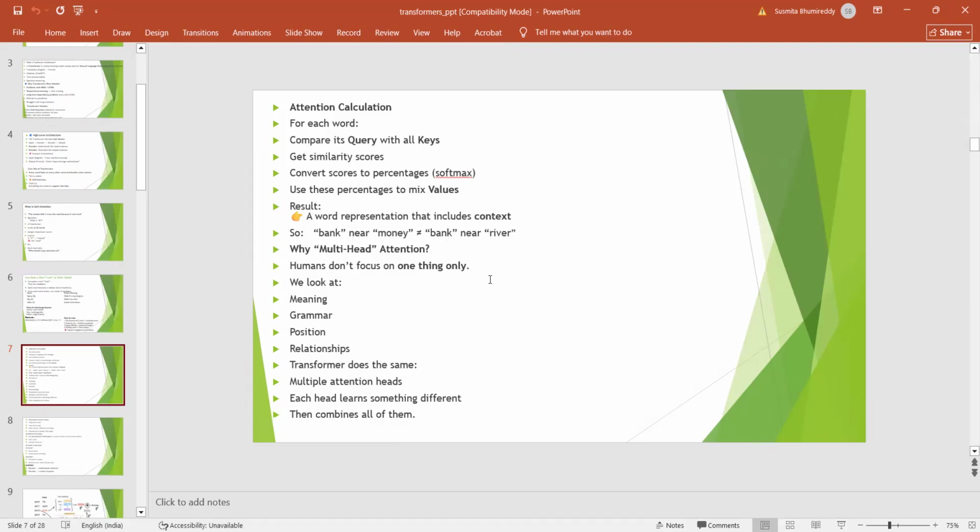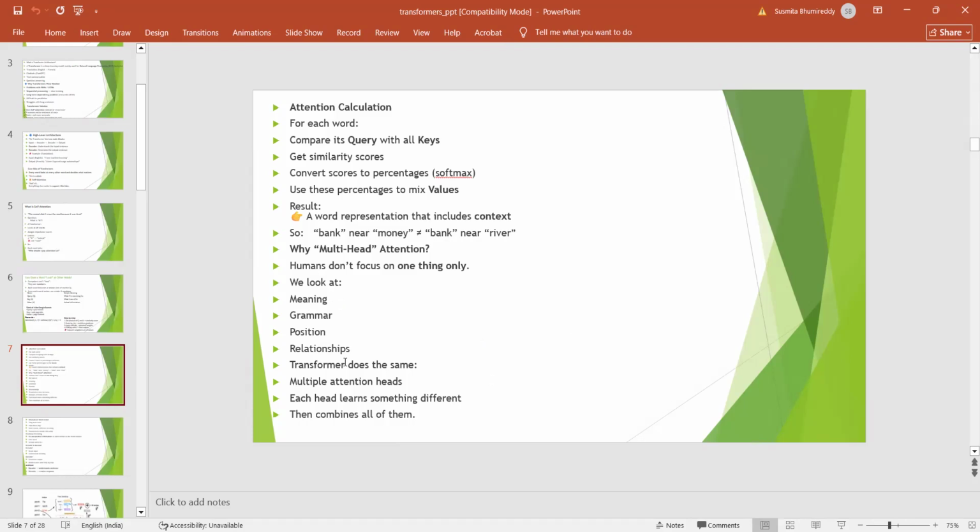Suppose we take a sentence: humans will look at the meaning of the sentence, the grammar, the position, and the relationships, like which word is related to whom. So a normal human will look at all these things.